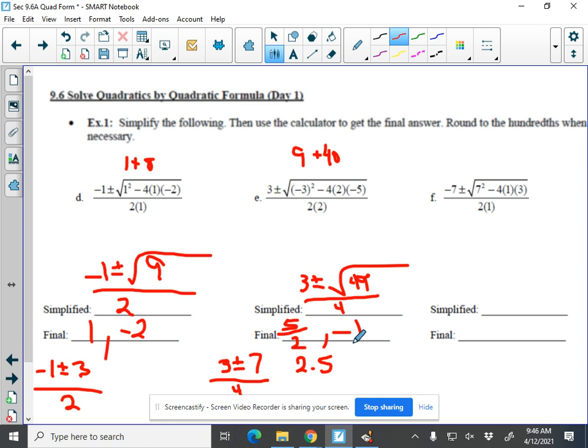See if you can come up with this one. Did you get 37?